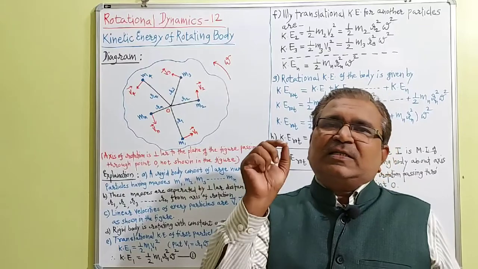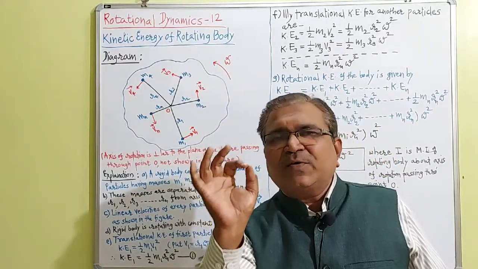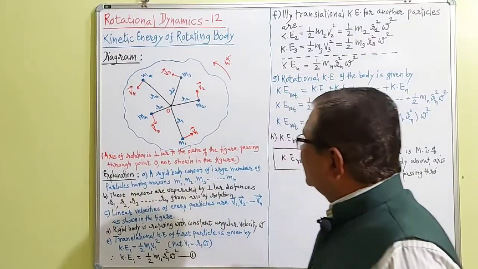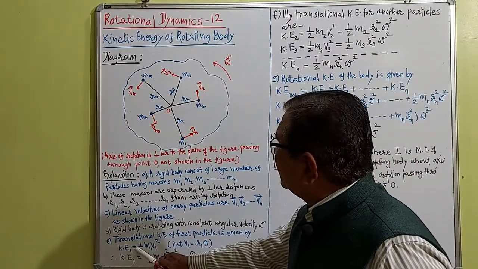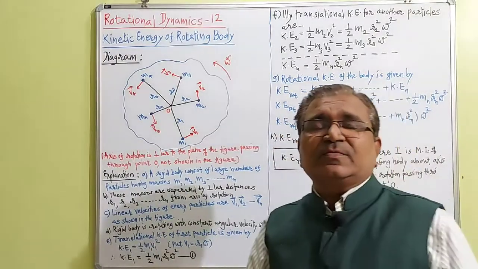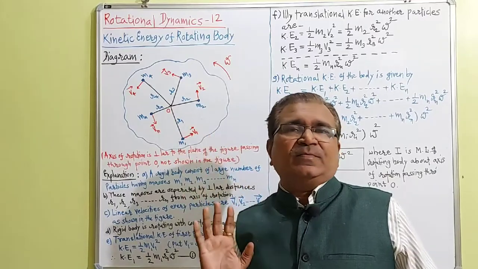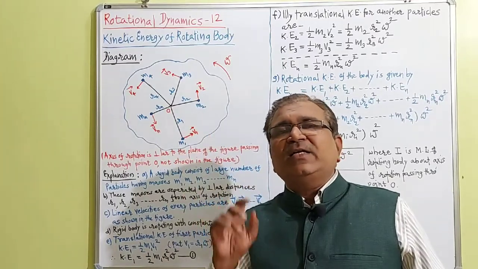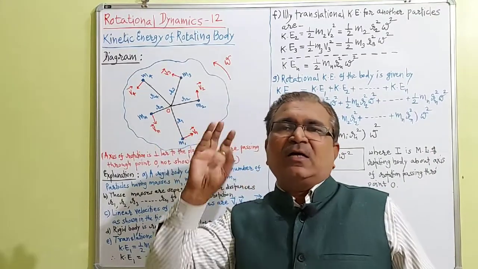Then the translational kinetic energy of the first particle is given by KE1 is equal to 1/2 m1 v1 square. We know the formula v is equal to r omega. From that we can write v1 is equal to r1 omega.